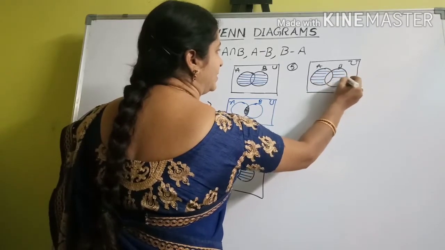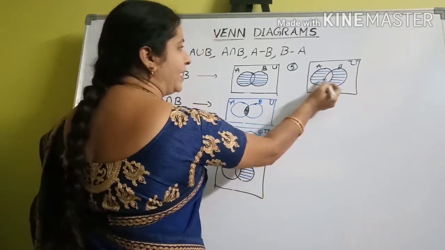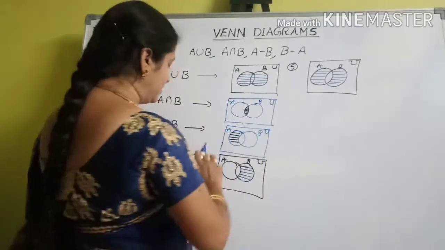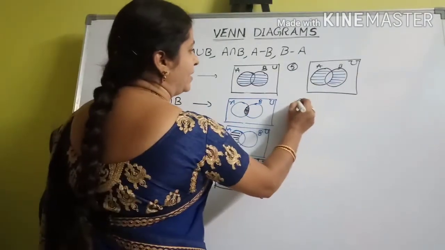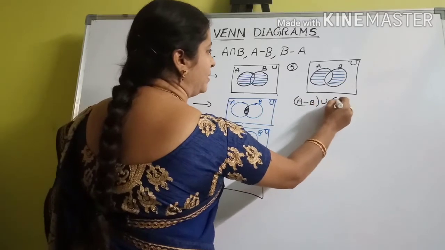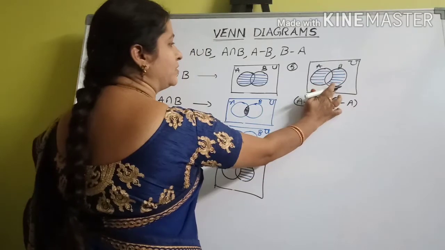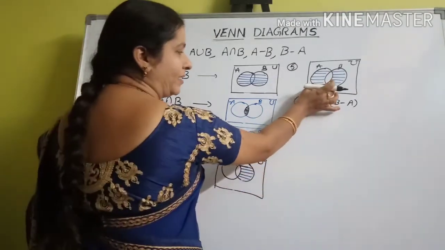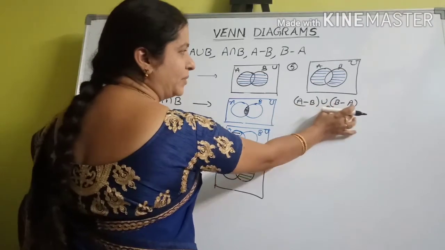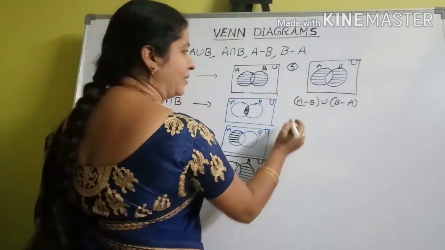This region represents only A and only B. So this represents A minus B union B minus A. This is only A minus B, this is only B minus A. We are taking them together here. So A minus B union B minus A. This also has another name.